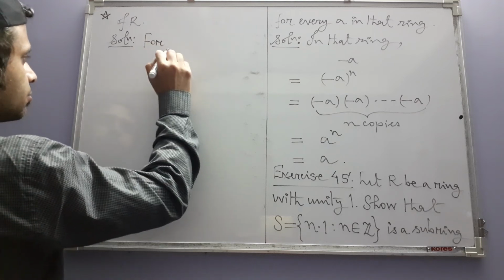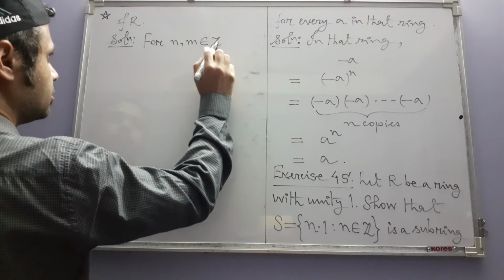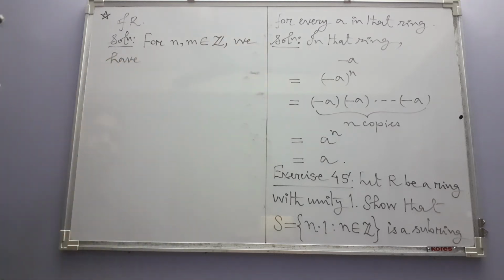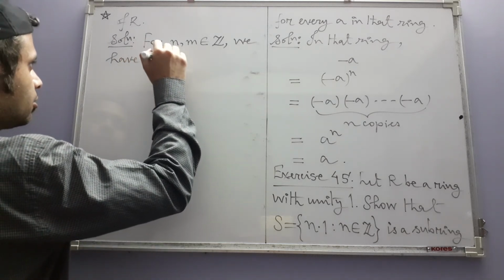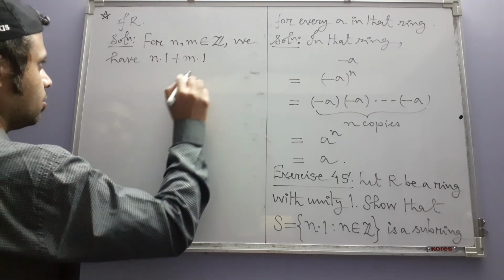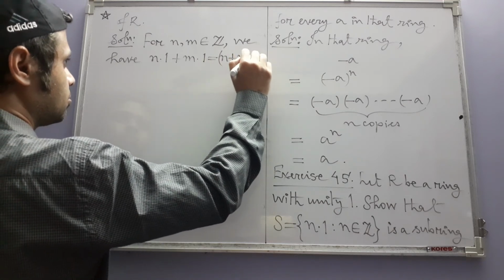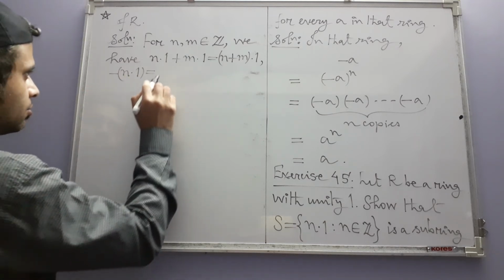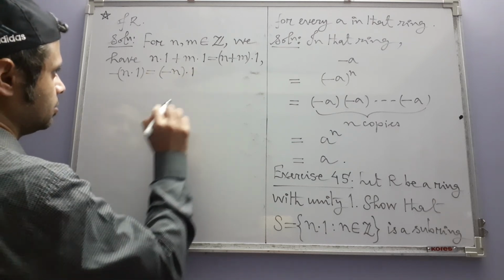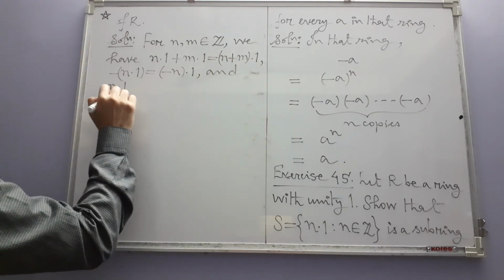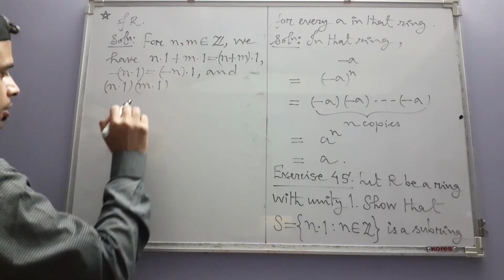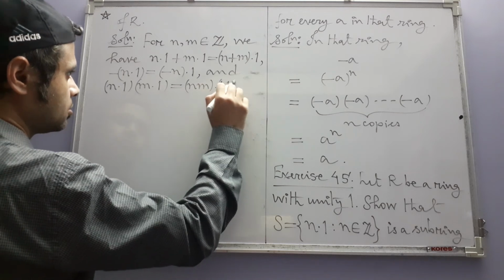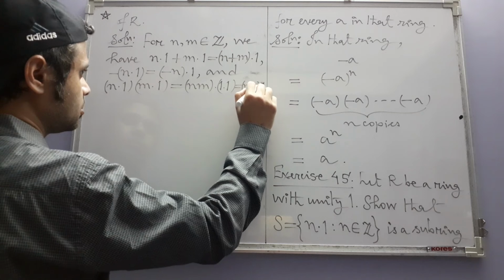For any two integers n and m, we have n dot 1 plus m dot 1 is equal to n plus m dot 1, minus of n dot 1 is equal to minus n dot 1, and the product of these two elements equals this, which is nm dot 1.